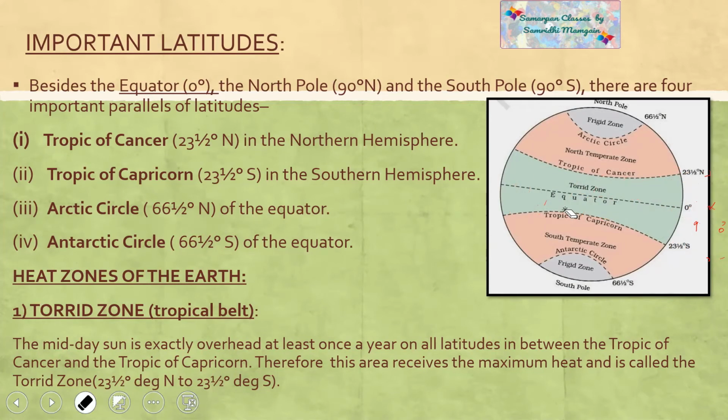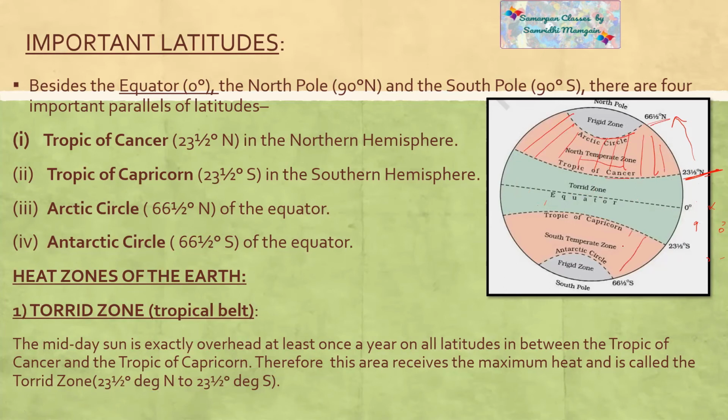The next zone that we are talking about is beyond 23.5 degrees north, between 23.5 degrees north and 66.5 degrees north. So that means this area, between the two latitudes, the Tropic of Cancer and the Arctic Circle. This area is called the North Temperate Zone.